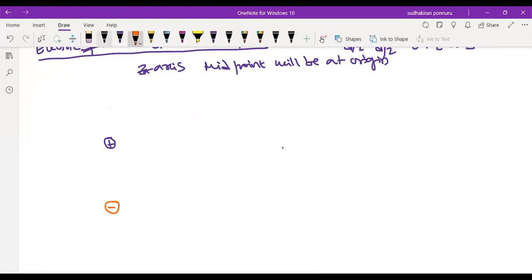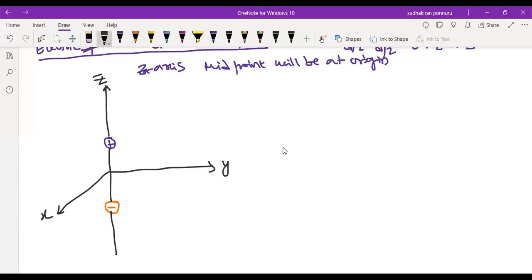These two point charges are separated by a distance d and placed on the z-axis, such that the midpoint of the dipole will be at the origin. So this is the origin, x-axis, and this is the y-axis, and this is our z-axis.